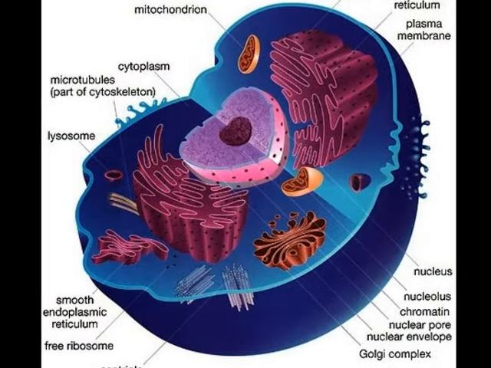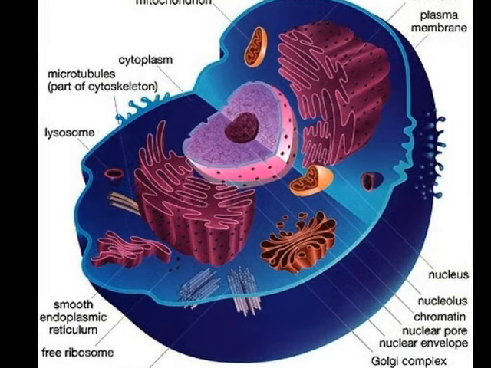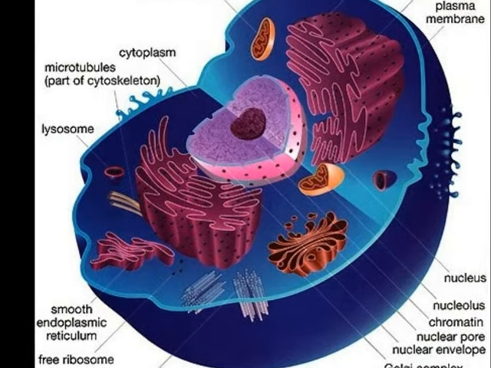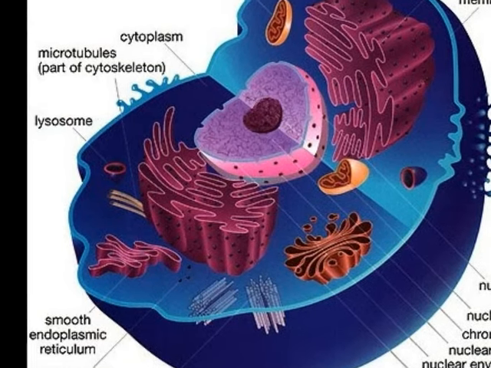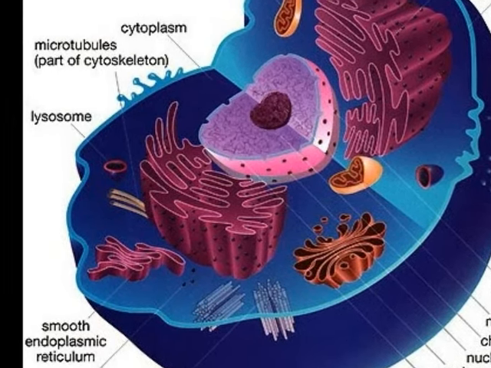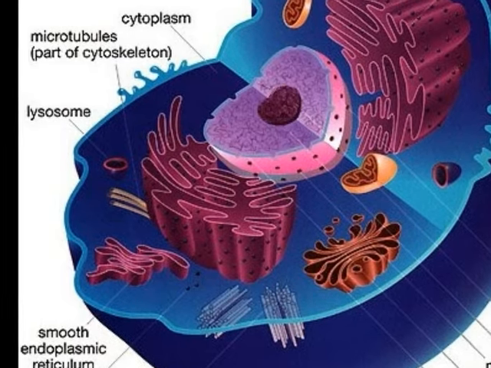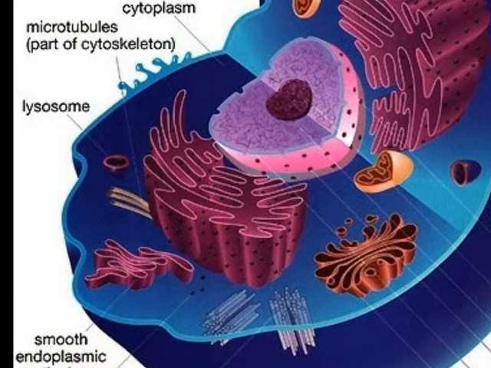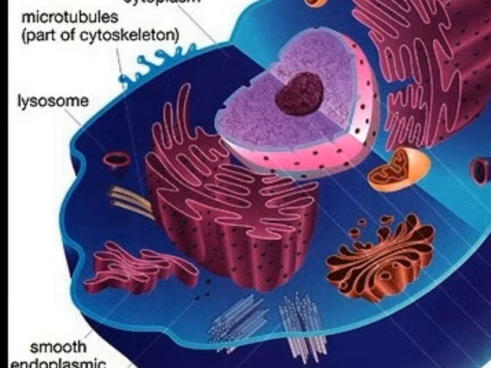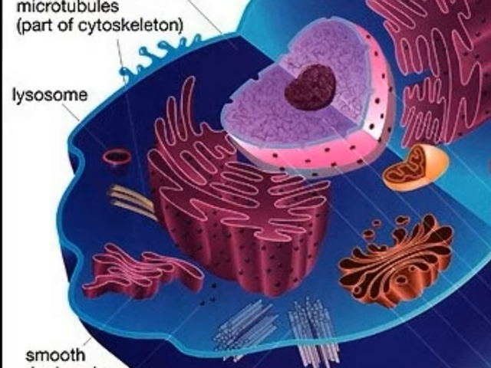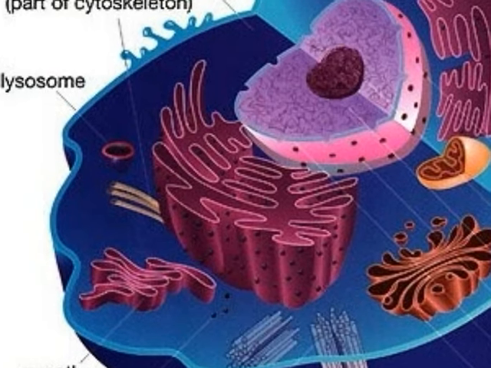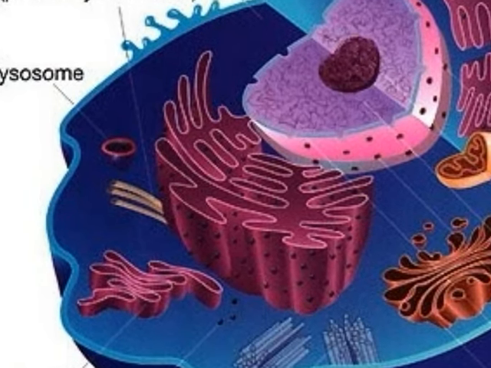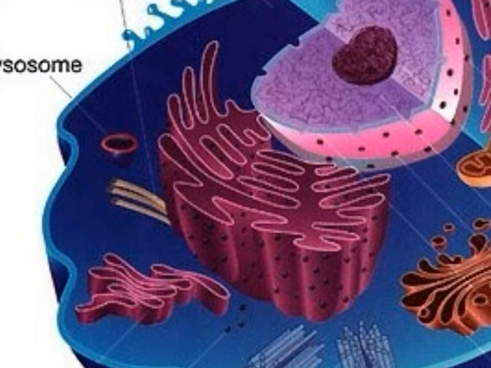Well, ladies and gentlemen, we've reached the end of our tour. If any of you were wondering what holds this animal cell together, it's the cytoskeleton, which is a network of protein filaments that helps the cell to maintain its shape. The cytoskeleton is involved in the many forms of cell movement.